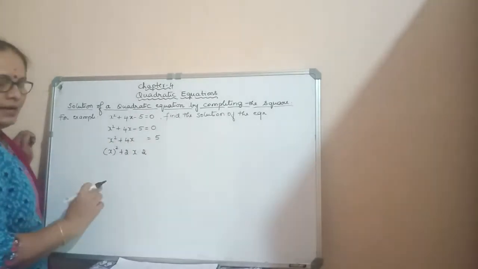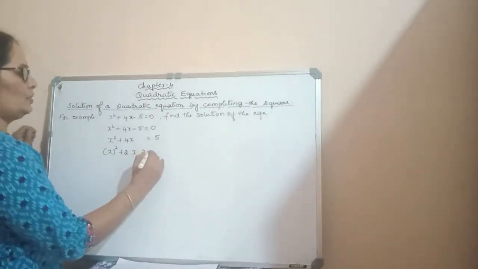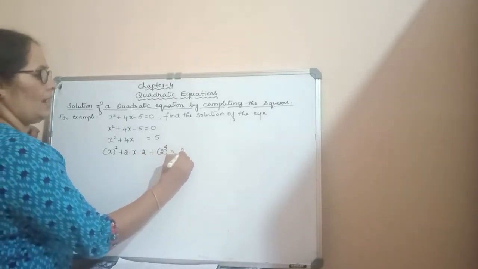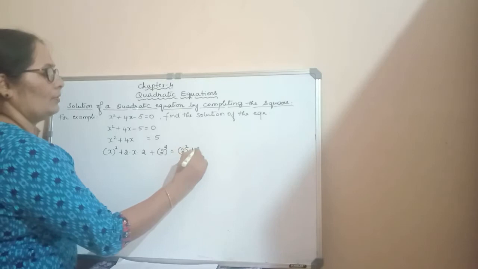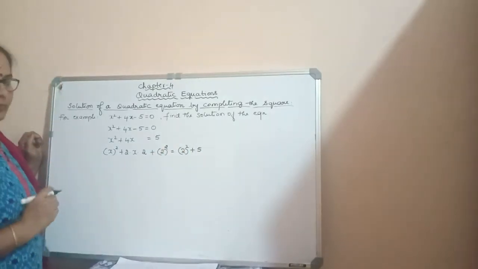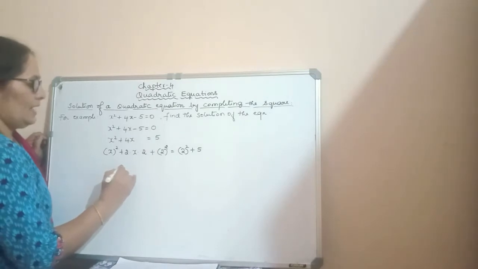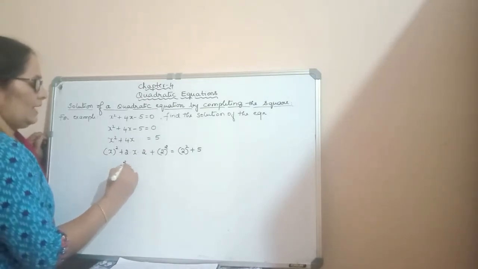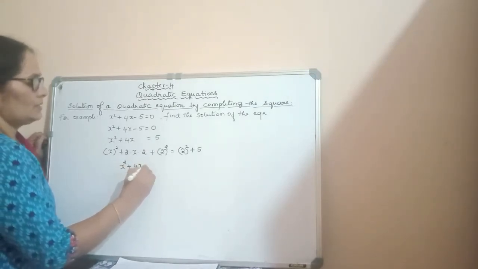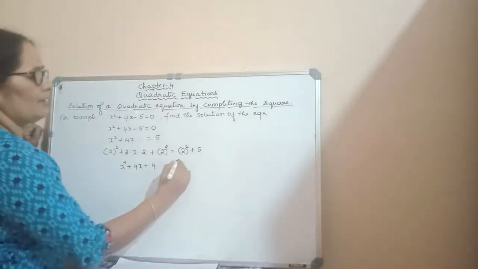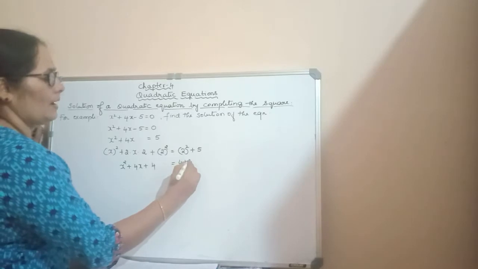It means that you have to add 2 square on both sides of the equation. Then what you will get on the left side? You will get x square plus 4x plus 4, which is equal to 2 square, that is 4, plus 5.